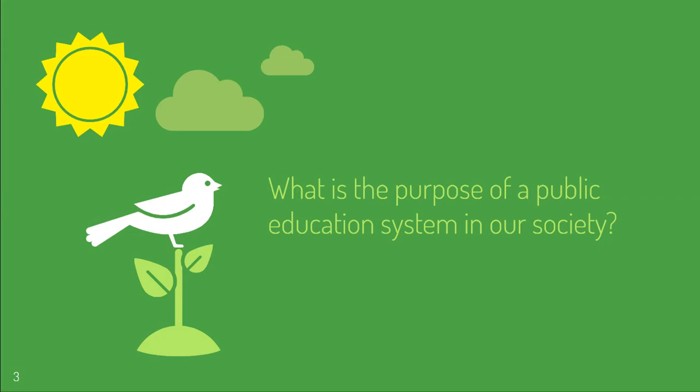But first, let's think back to our work on the purposes of education. Some of the purposes we considered were education as a means to prepare citizens who would make our democracy work. It was also about preparing workers who would make our economy function.